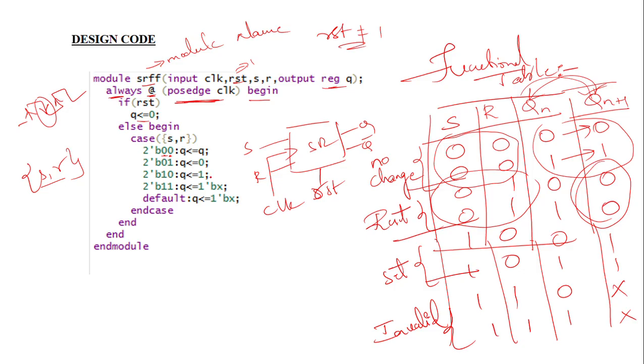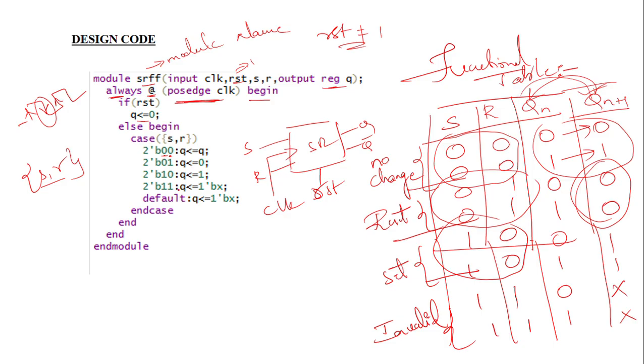Until then, we can simply remember that non-blocking statements execute parallelly, concurrently, whereas in combinational circuits we use blocking statements, which execute serially. Whatever the values of SR, for 0 1 our output is going to be 1.